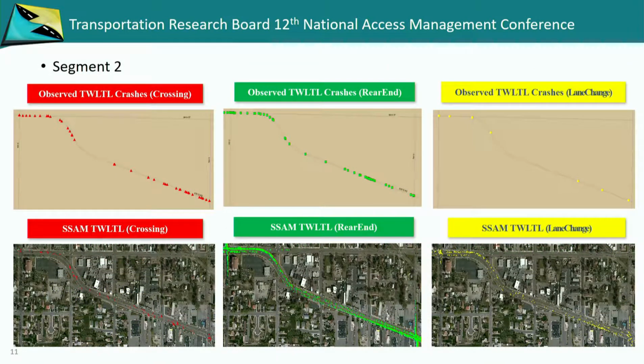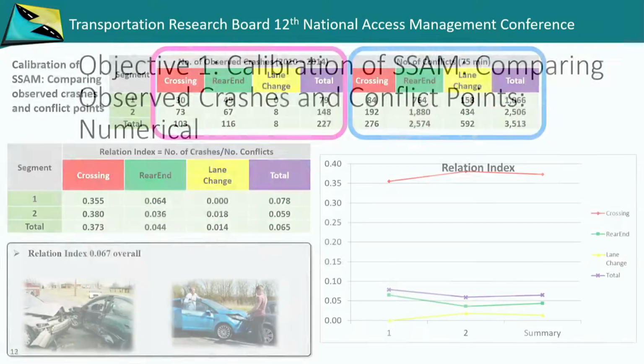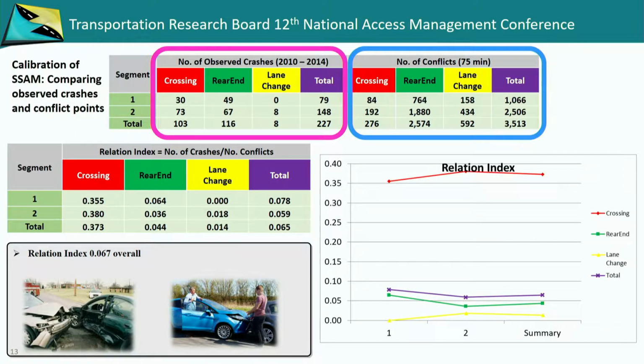The second segment, same types of results to identify and see what was there. But then we also looked numerically to see where those actual numbers of conflicts were occurring versus numbers of crashes. We developed a relation index that was simply the number of crashes divided by the number of conflicts, to see if we had general correlation, at least amongst the different conflicts.